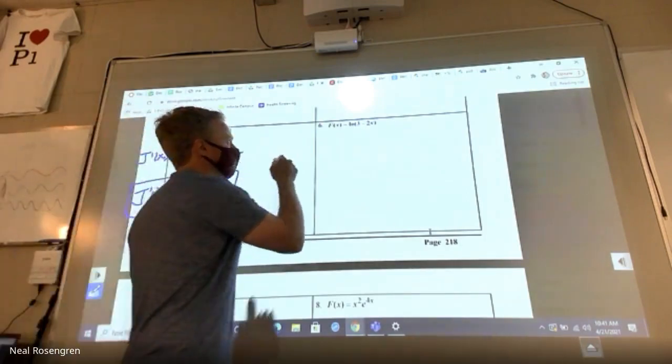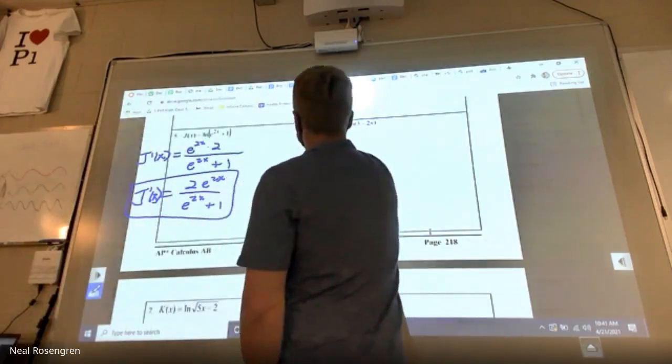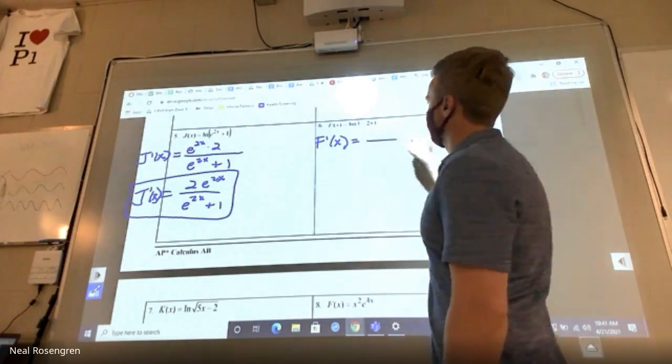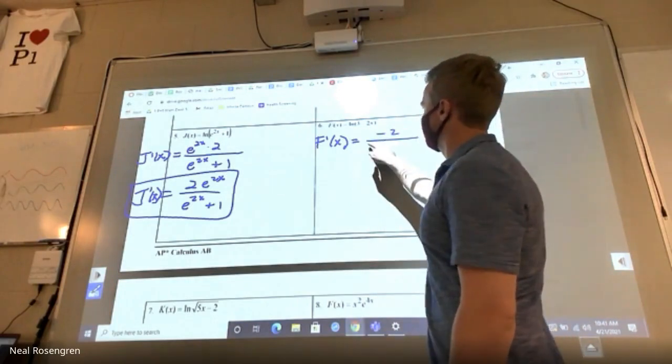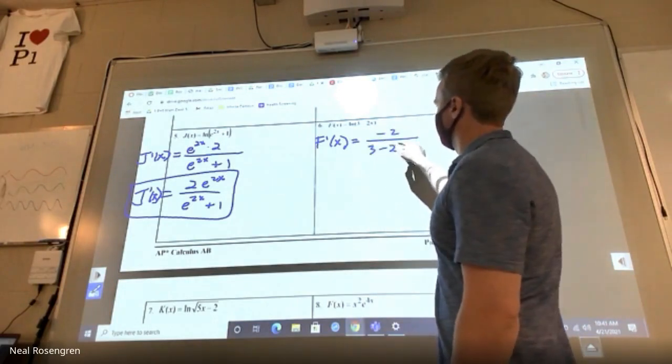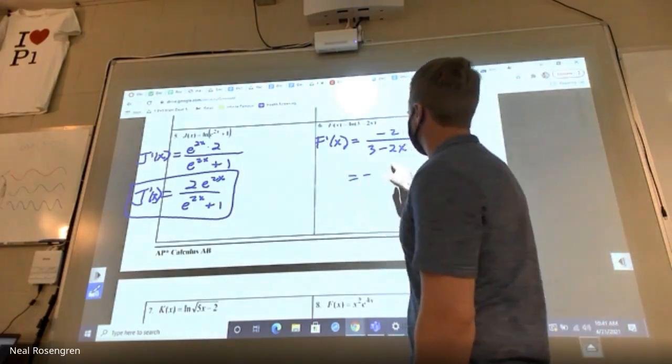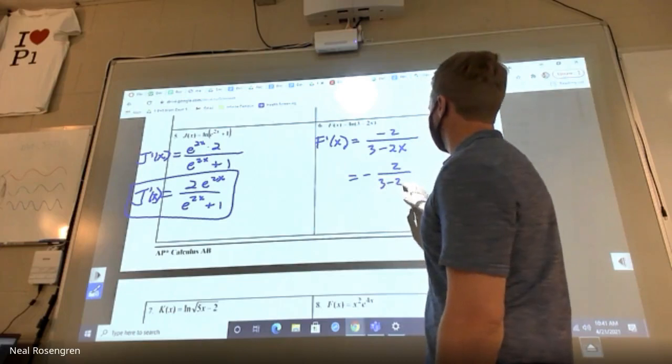For 5, derivative of the inside. There, pull that out front.